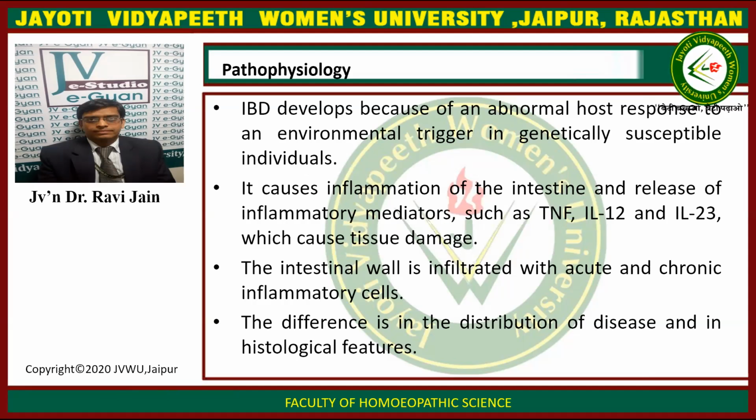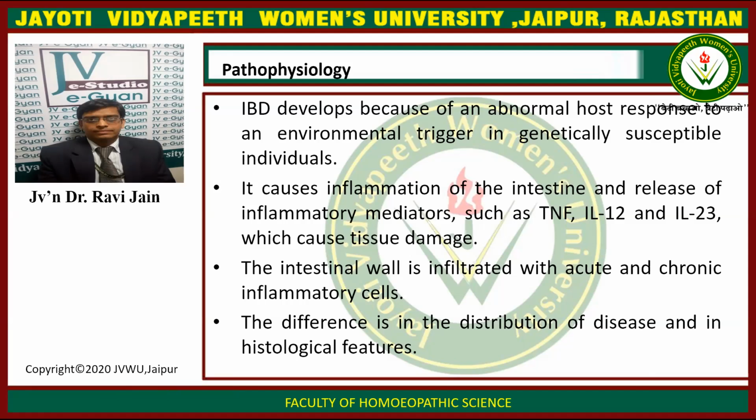Now, what is the pathophysiology? Inflammatory bowel disease develops because of an abnormal host response to an environmental trigger in genetically susceptible individuals. So, this is basically a genetic disease that runs in families.